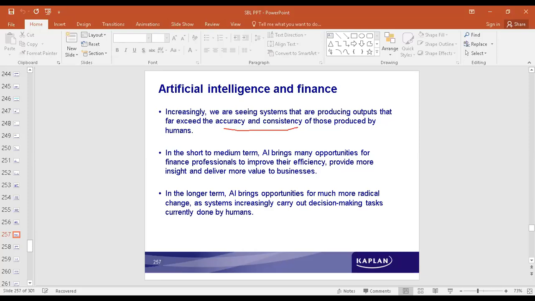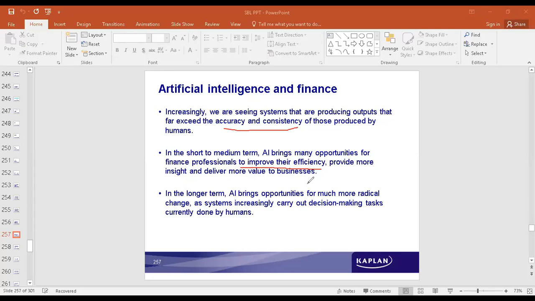In the short to medium term, AI brings many opportunities for finance professionals to improve their efficiency, provide more insight, and deliver more value to the businesses. See, the point here is that because much of the work can be carried out by machines, human resources or human beings in the organization would have a lot of their time available to focus on other areas.